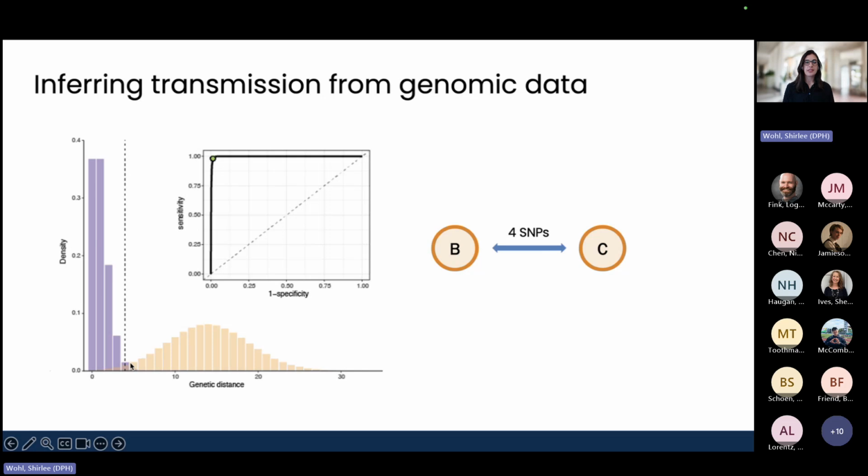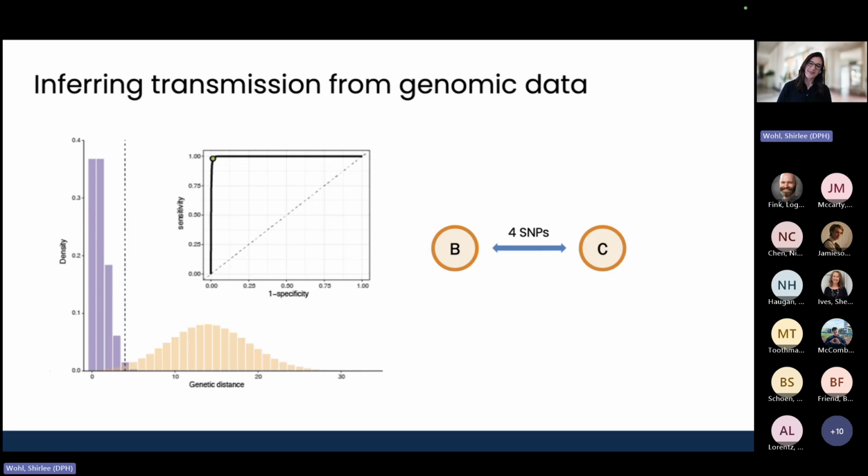And we can actually calculate that, the area under this curve, a classic ROC curve. Looking at the specificity and the sensitivity, they're both very high. With this threshold, we can distinguish between whether things are actually linked or not linked.